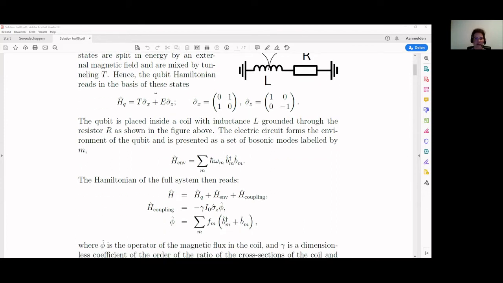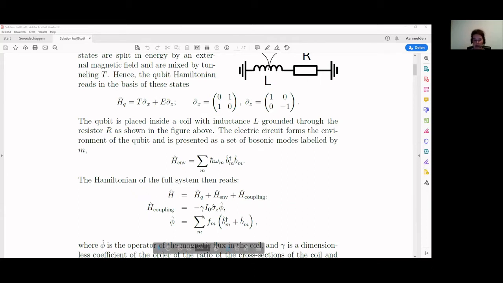As usual, there is the Hamiltonian for the qubit given over here. There's the environment that it's coupled to, consisting of bosonic modes with the usual creation and annihilation operators. And then there is the Hamiltonian of the full system, which includes qubit, environment, and the coupling between the two.